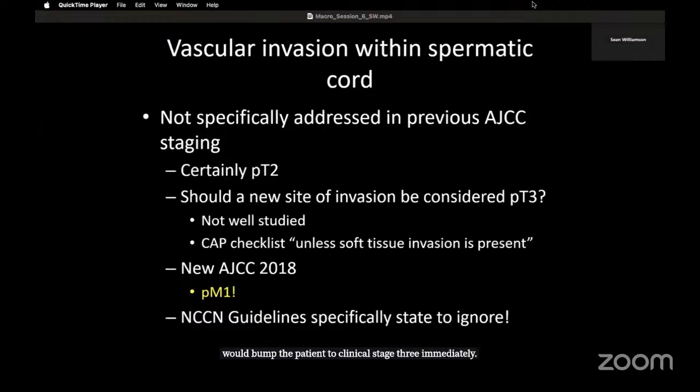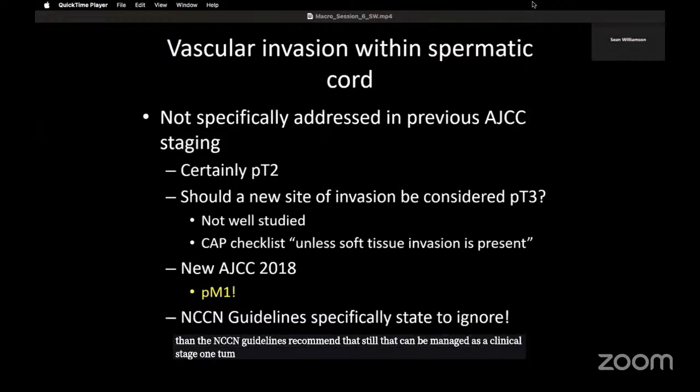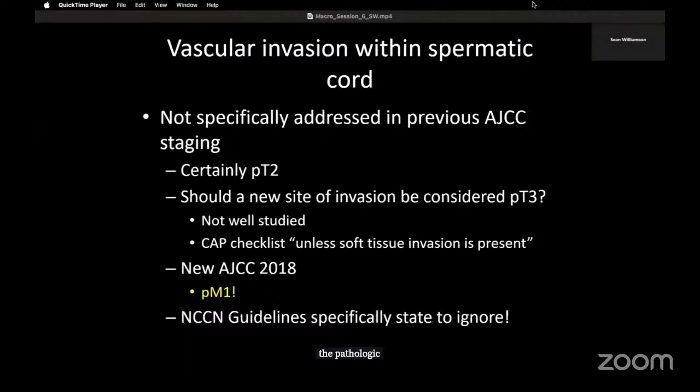But if by imaging they have, for example, no disease outside of the testis, then the NCCN guidelines recommend that it still can be managed as a clinical stage 1 tumor. So it's interesting that there's this discrepancy between the pathologic staging and the way clinicians would treat it.